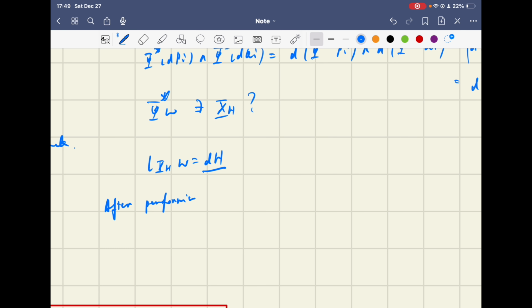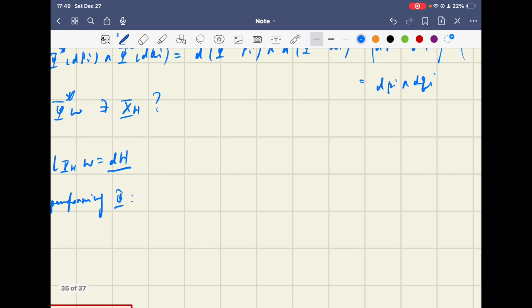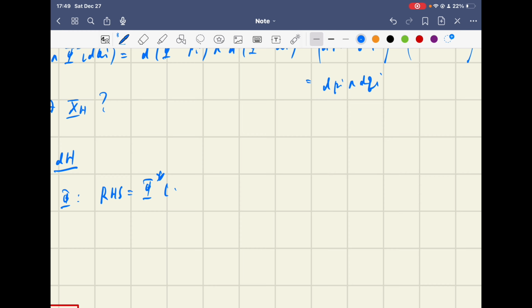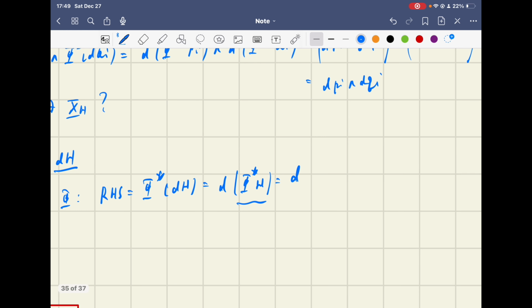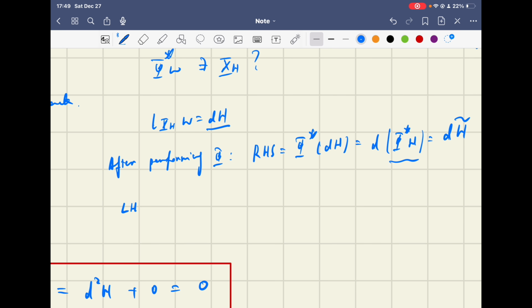On the right hand side it's going to be equal to d of the phi pullback of H, and since the pullback is interchangeable with the exterior derivative, let's denote this new Hamiltonian as H tilde. And let's look at the left hand side.